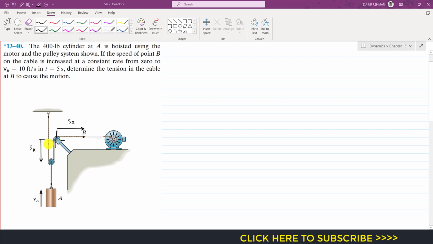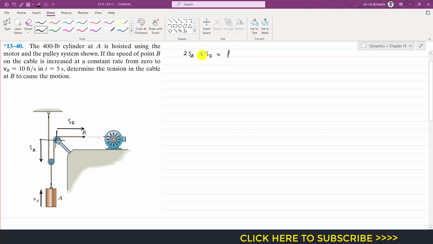So now we have to write the equation for the length of this rope. As we can see, this is SA plus SA, so 2SA plus SB, and this will be equal to the length of the rope.